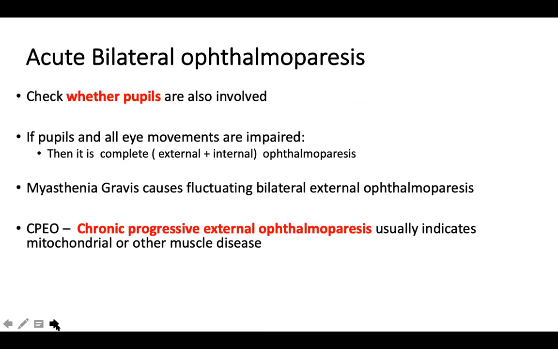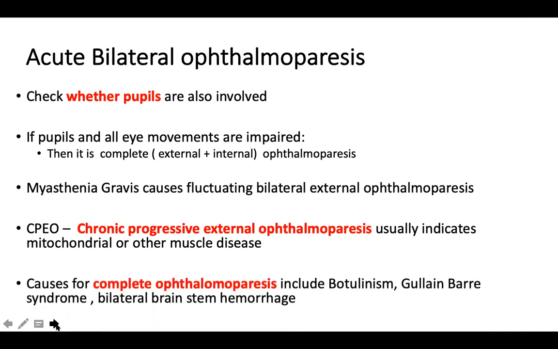So these are the two differentials for a bilateral ophthalmoparesis, whether it is myasthenia gravis or a progressive ophthalmoparesis. A complete ophthalmoparesis can sometimes be seen in Guillain-Barré syndrome, Miller-Fisher syndrome. Okay, so causes for complete ophthalmoparesis. Sorry, I said myasthenia gravis.